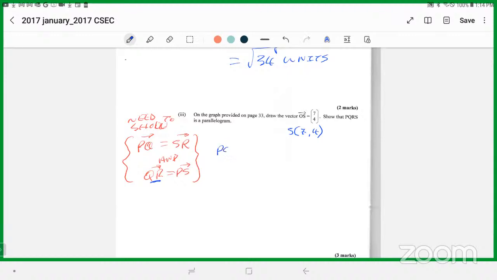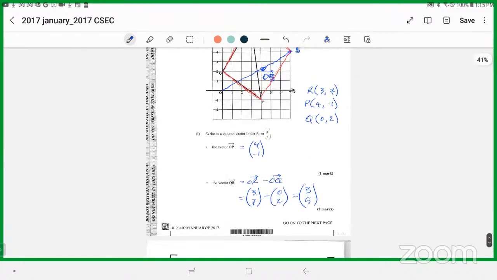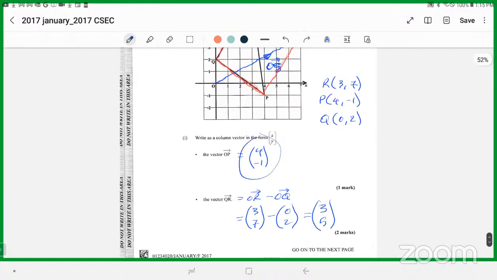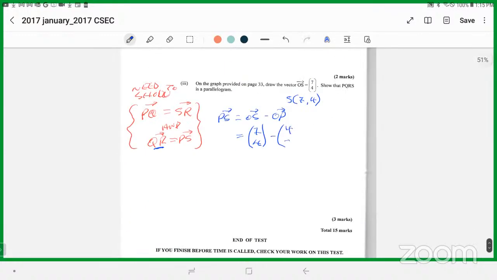So PS is OS minus OP, which is (7, 4) minus OP. What was OP again? OP was (4, -1).